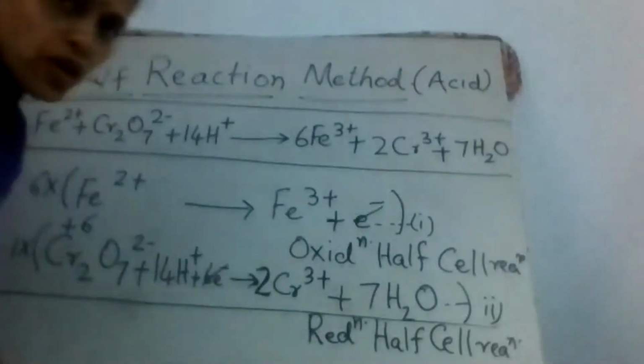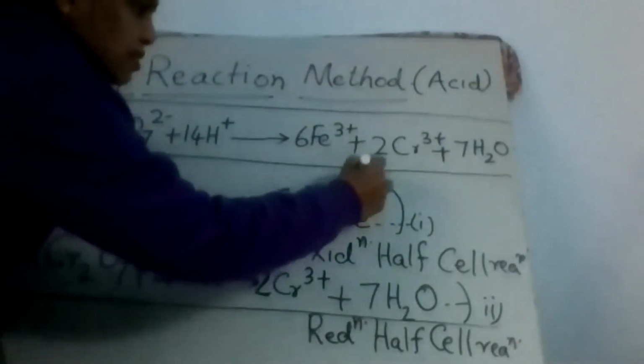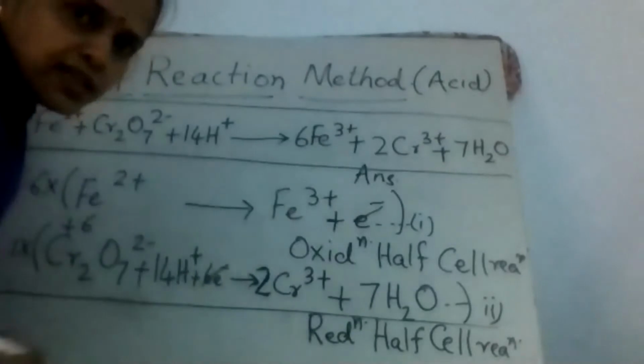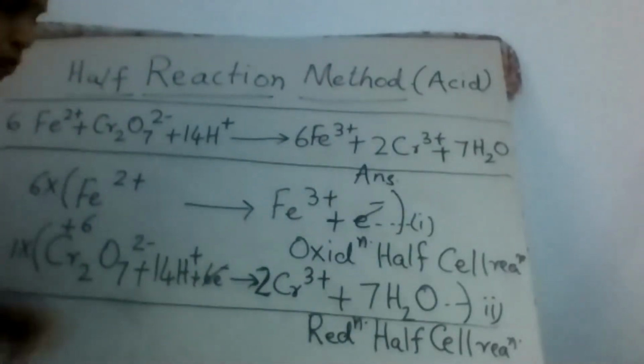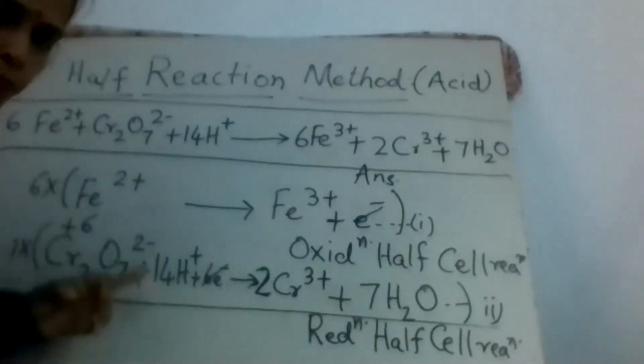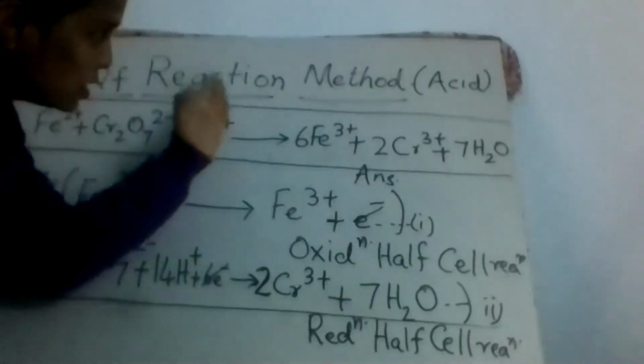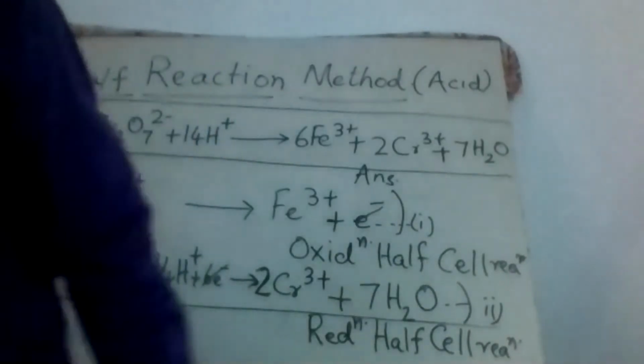So this is how we'll be balancing. This is your answer. This is how you will be balancing by half reaction method or ion electron method in acid medium.